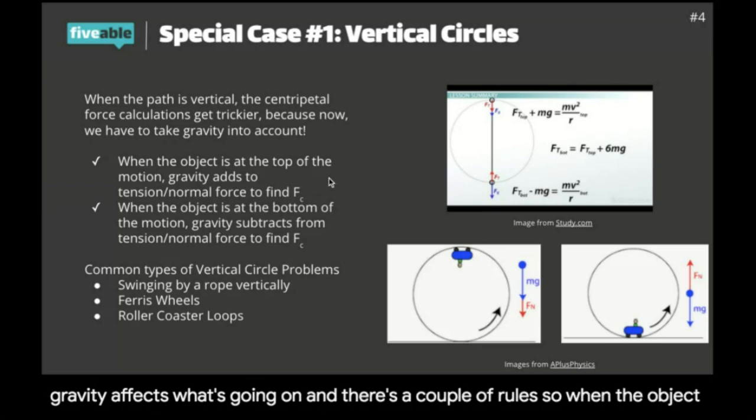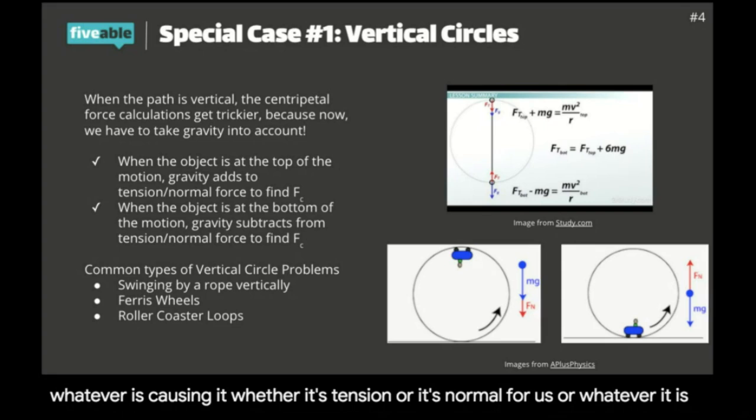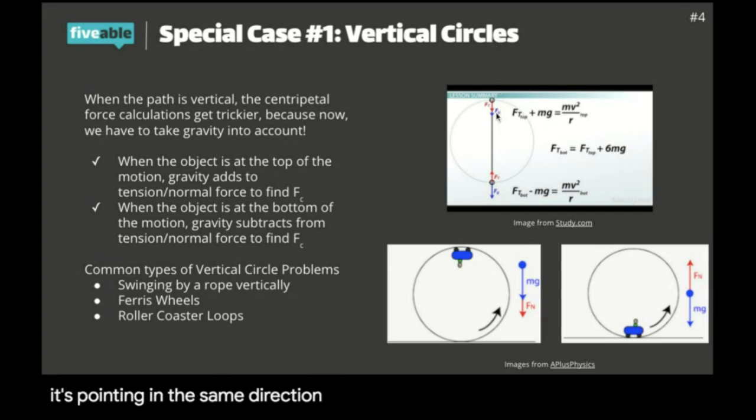When the object is at the top of the motion, whatever the centripetal force is, whether it's tension or normal force or whatever it is, it points in the same direction as the gravity of the object, the weight of the object, right? So those two things are going to add.